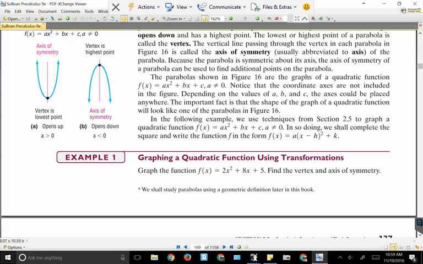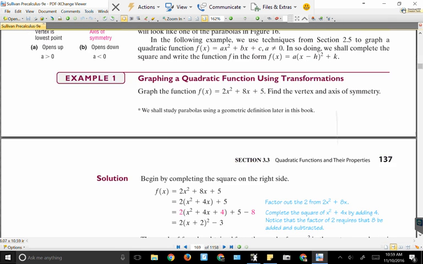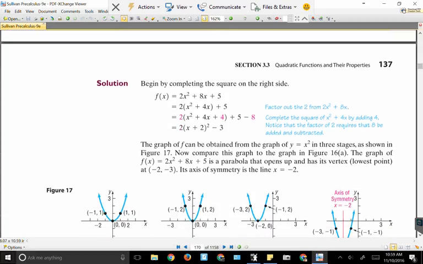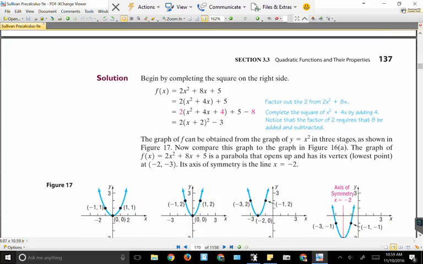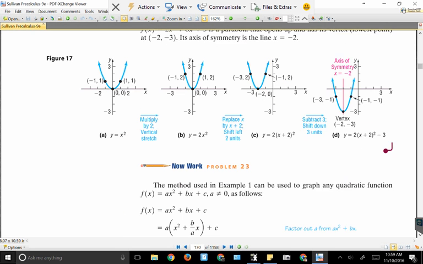Graphing with transformations, though, does help get us to the point where we can identify specific things, specifically vertex, high point, low point, and so on and so forth. And of course, we've got completing the square and all that other happy stuff, which you guys enjoy so much, don't you? Okay.